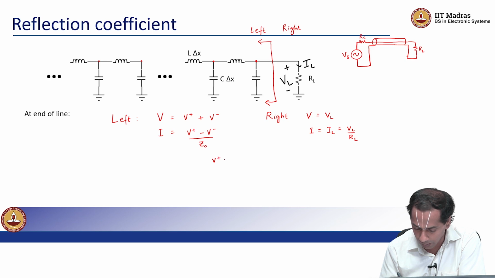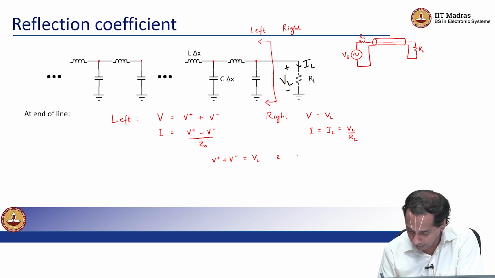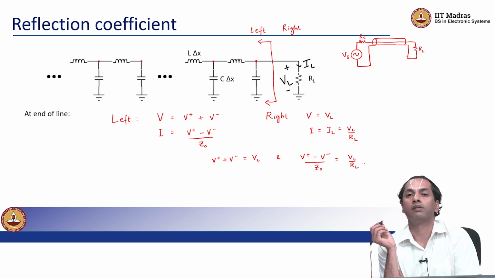So we say that V plus plus V minus is equal to VL, and V plus minus V minus by Z naught is equal to VL by RL.